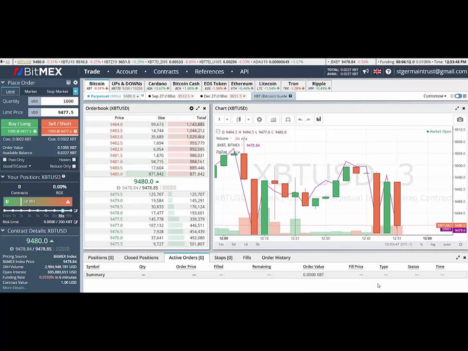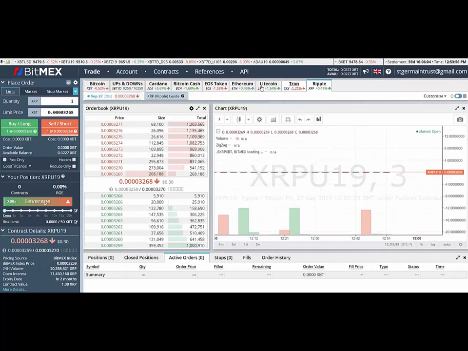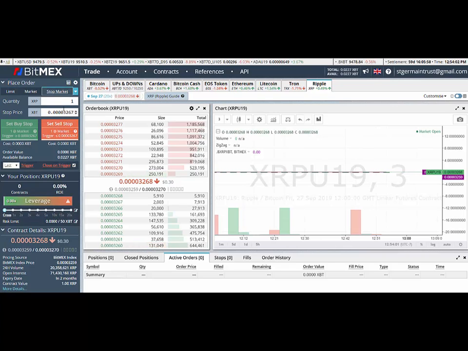Okay, I think that's it for this initial introduction. You could be trading in any of these coins here. And stop market, you could actually, like when I was out today, I could have set a value and it would have automatically sold before it did a self liquidation, which would have been smart.